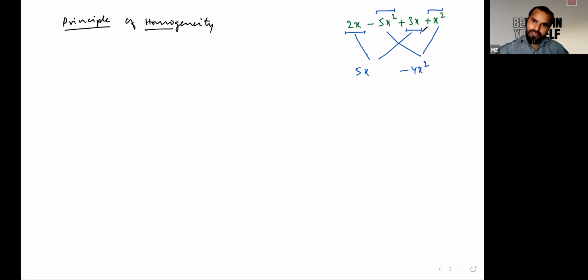So to simplify this expression, we just used like terms and unlike terms. Like terms means the variables which contain similar exponents, like x and x, similarly x squared and x squared. In the same way, for dimensions we define the principle of homogeneity.